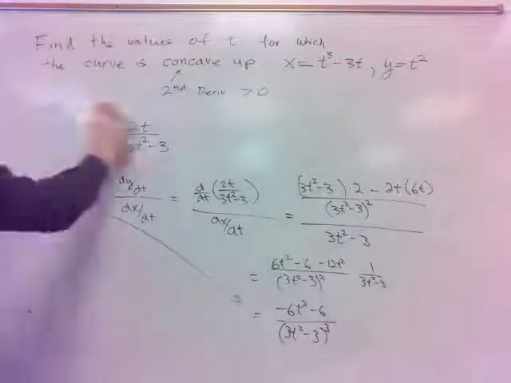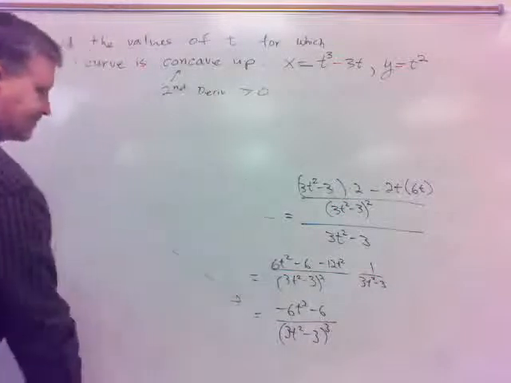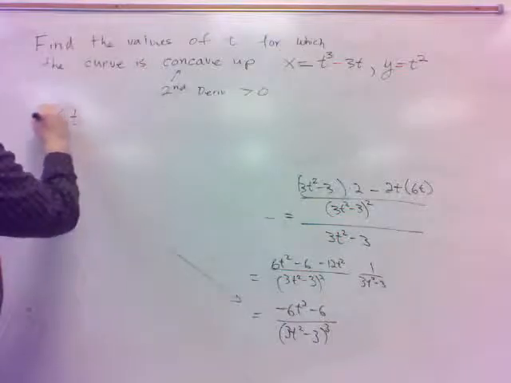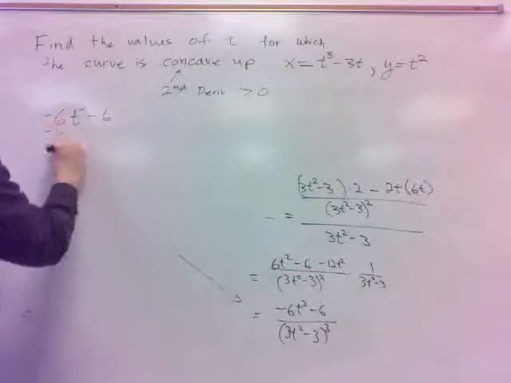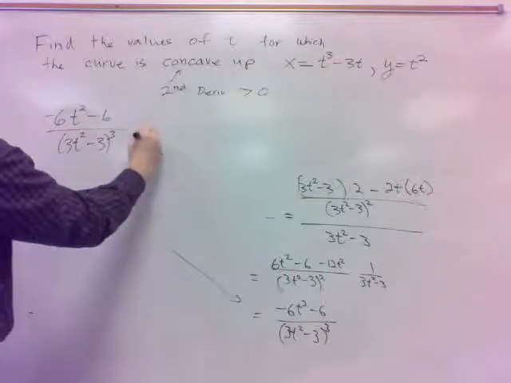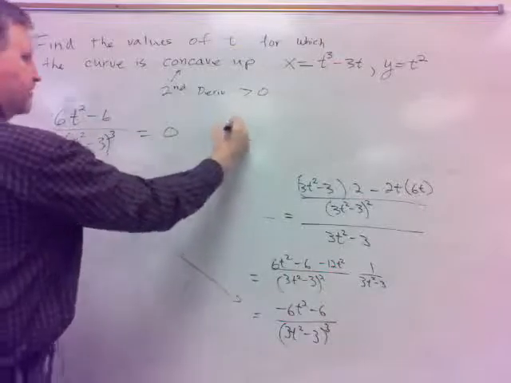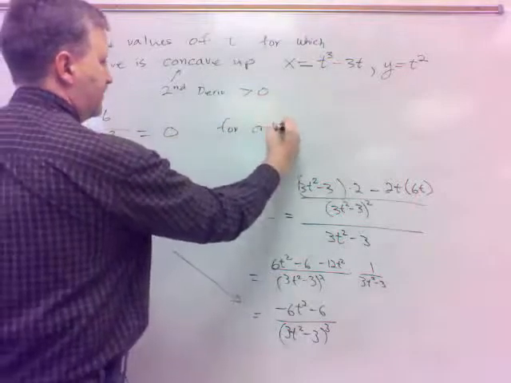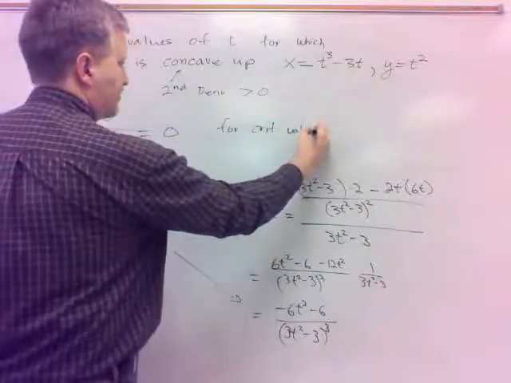Negative 6t squared minus 6 over 3t squared minus 3 cubed, set that equal to 0, and this will give me my critical values for the second derivative.